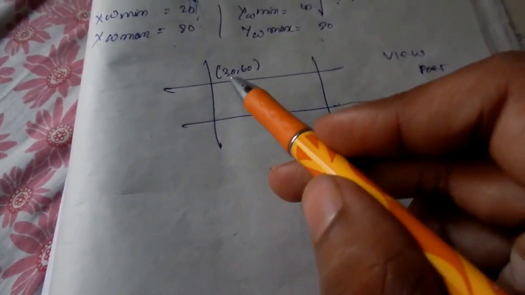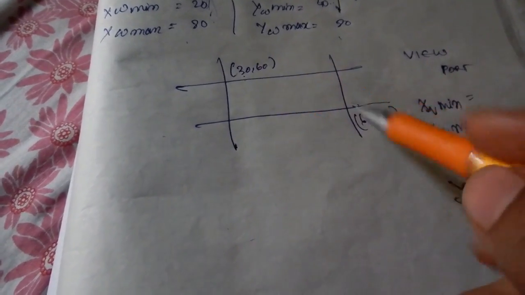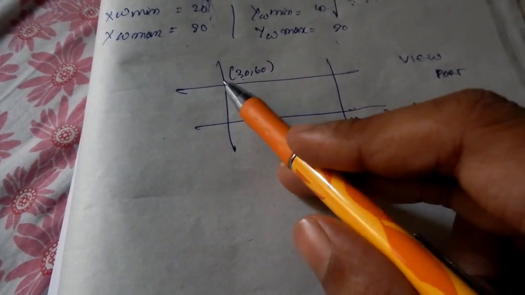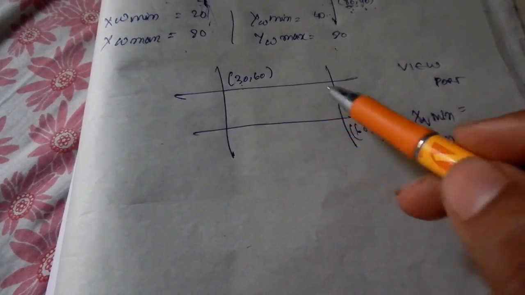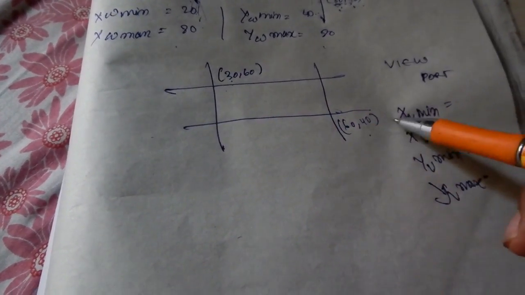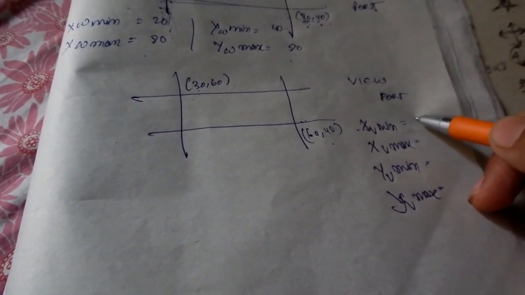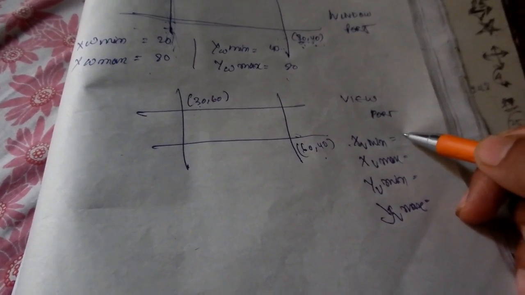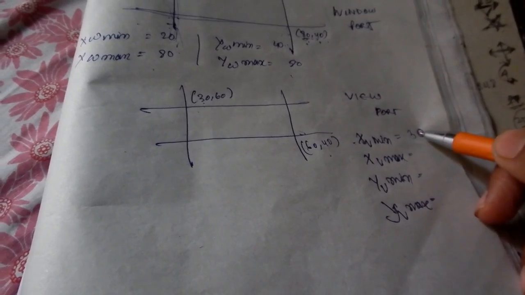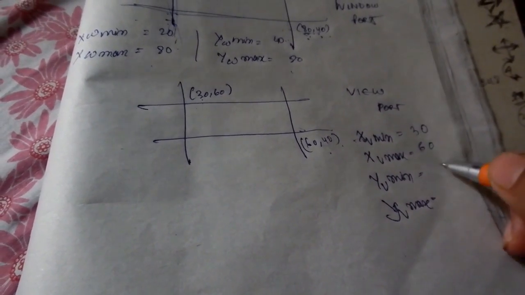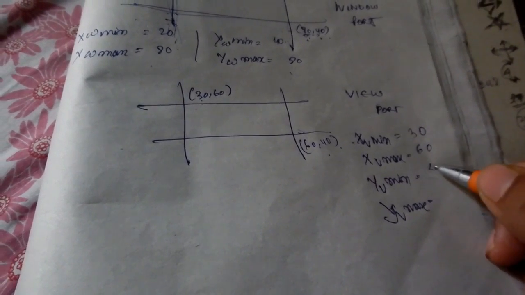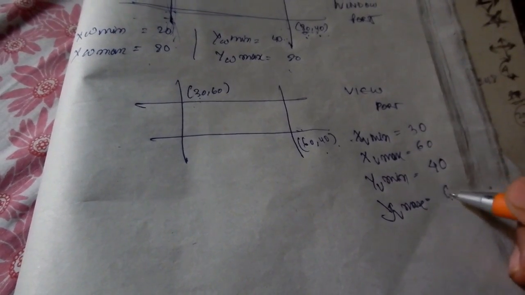Clear? The same applies for the viewport, where the upper left corner is 30,60 and the lower right is 60,40. So xv min will be 30 and xv max 60, yv min 40, yv max 60.